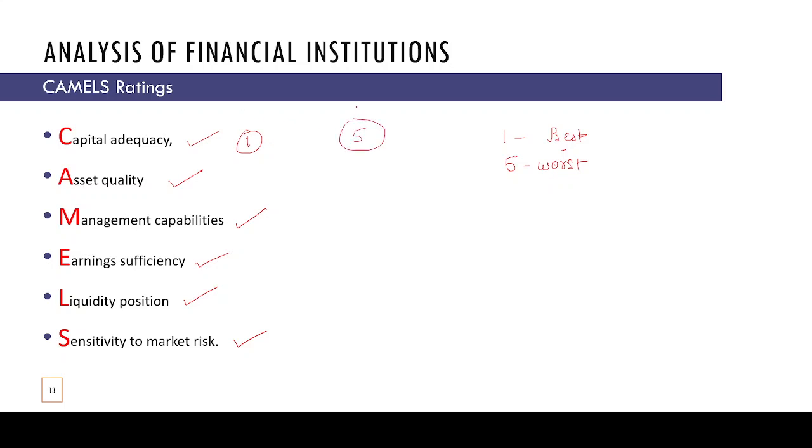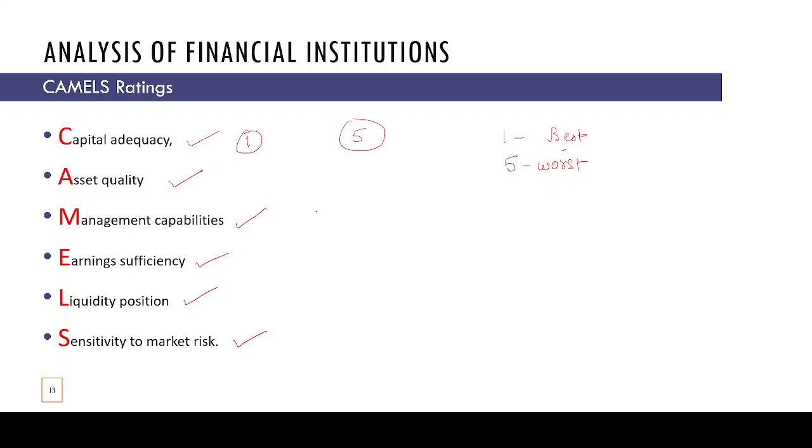Okay, so the analyst would rate each of these 6 components, and after having done that, he would construct a composite rating, which is some kind of a weighted average of these 6 components for the entire bank. Now, this rating would help the management and the regulators understand and regulate the possible risks that the bank may be facing. A few points to note here, guys.